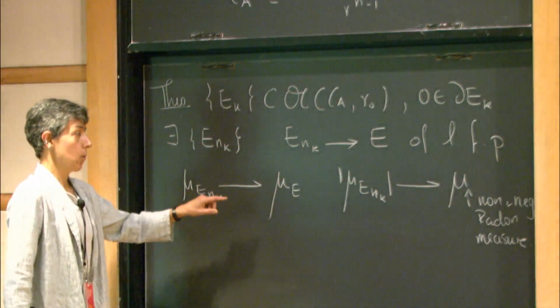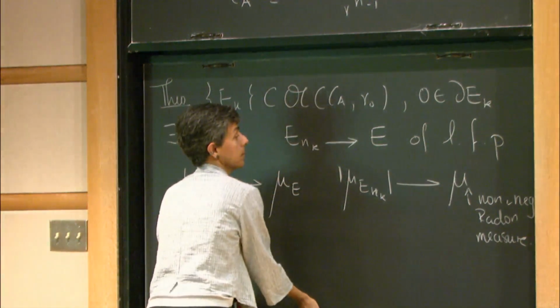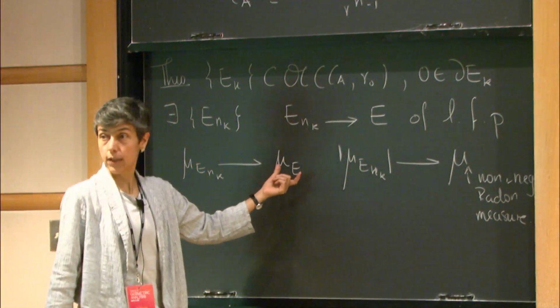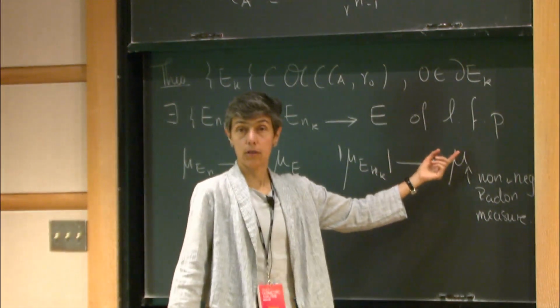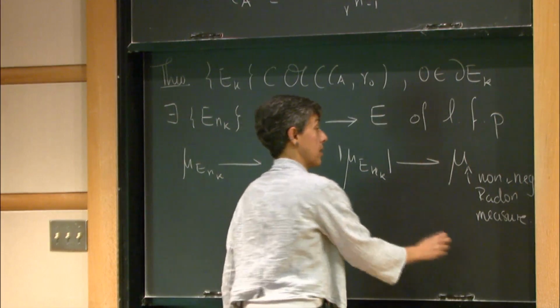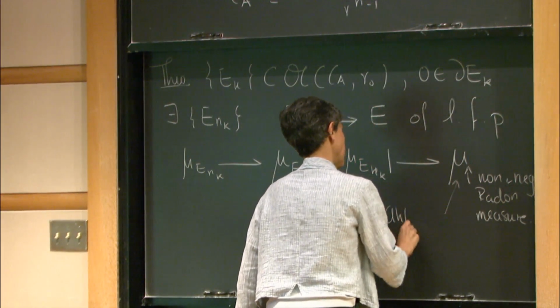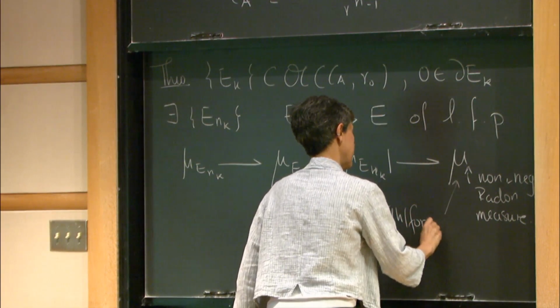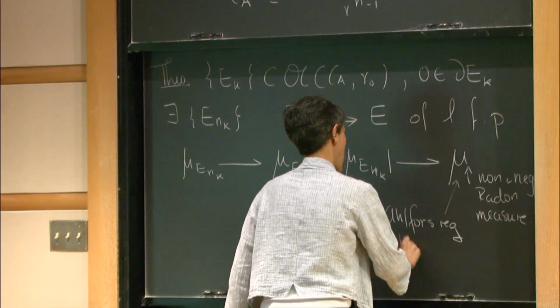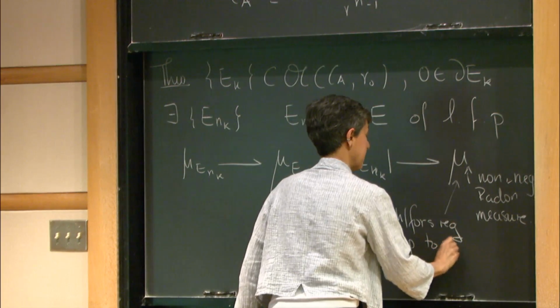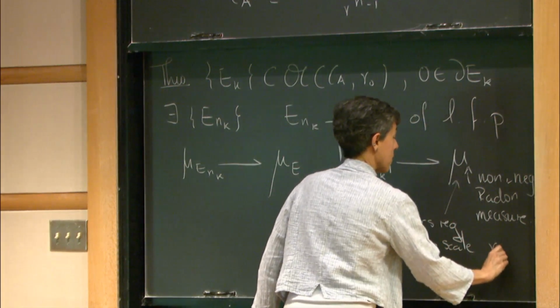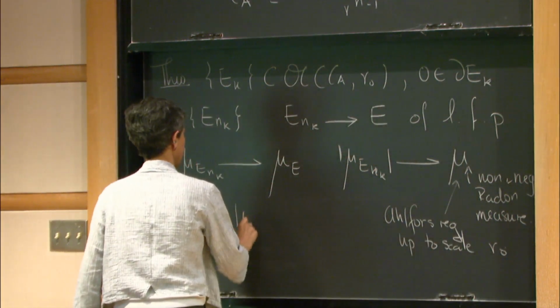Moreover, I remind you, this is a vector valued measure, and this is another measure. This one here is Ahlfors regular up to scale R0, and there's a relationship between these two measures.